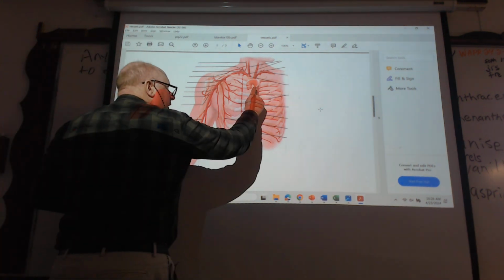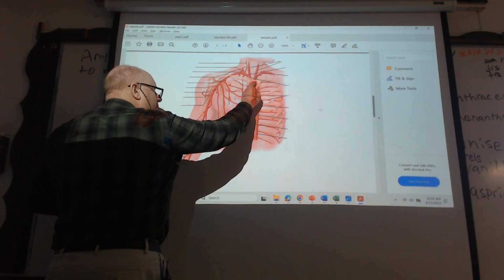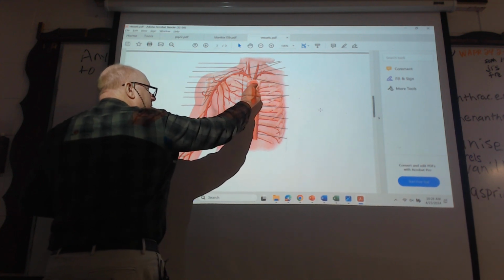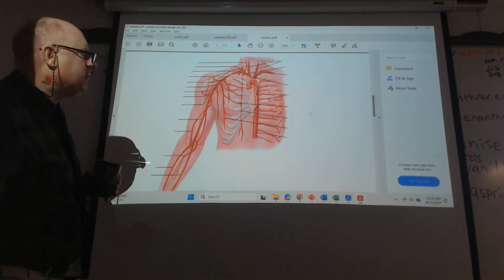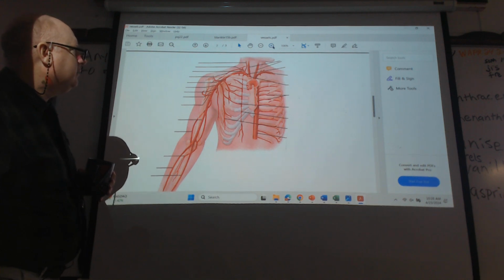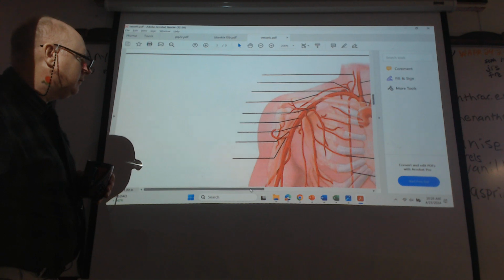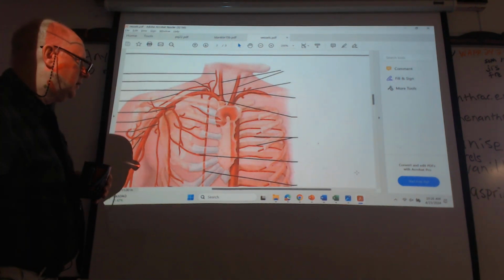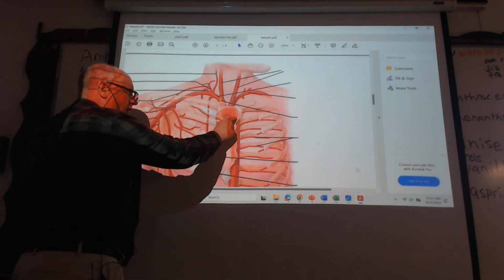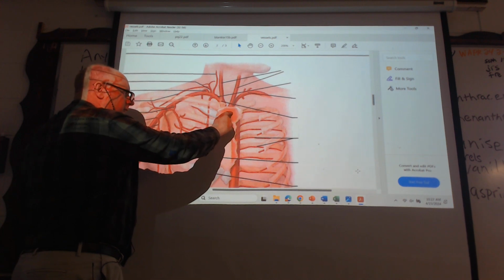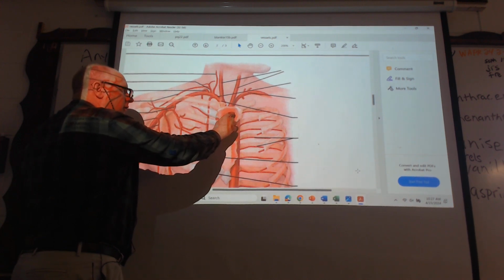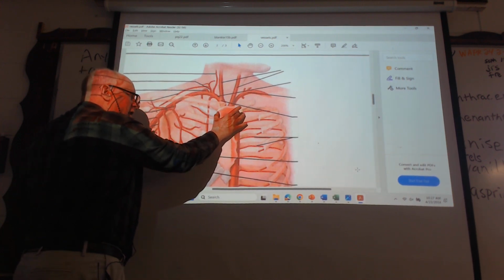Okay, then this loop right here. And we can enlarge that. So this structure right here, it's only the aortic arch.